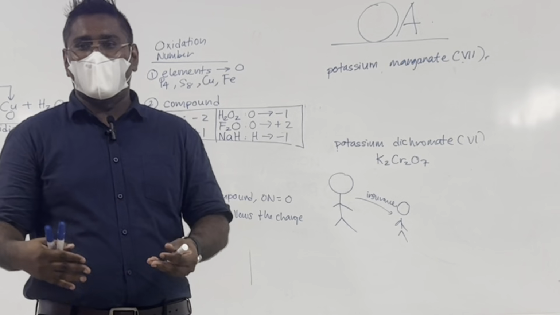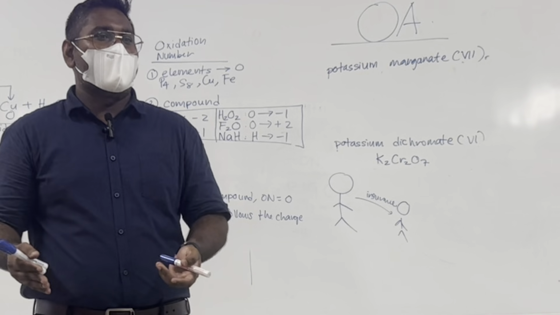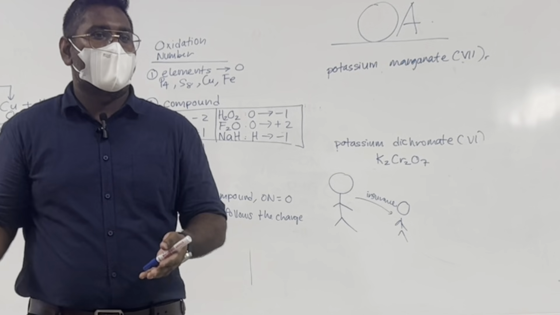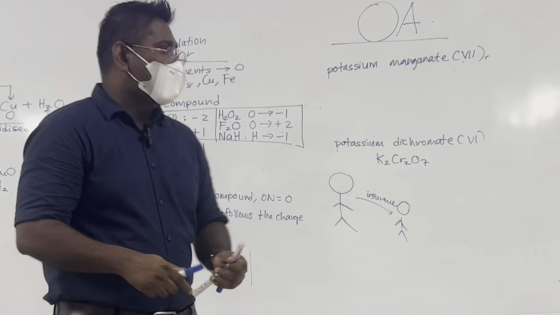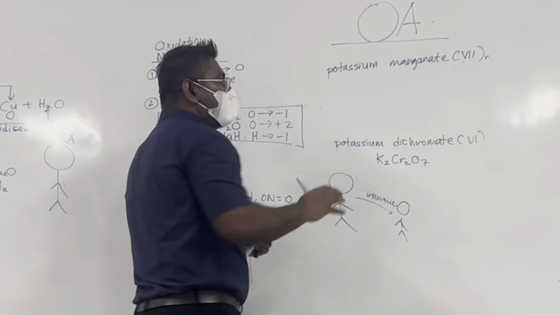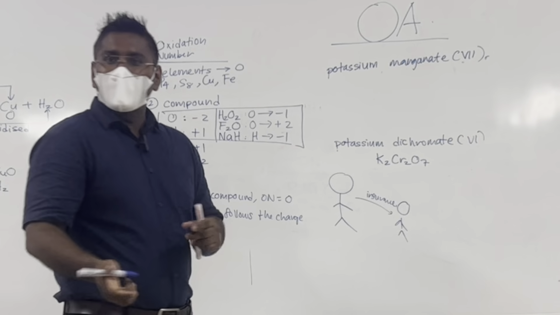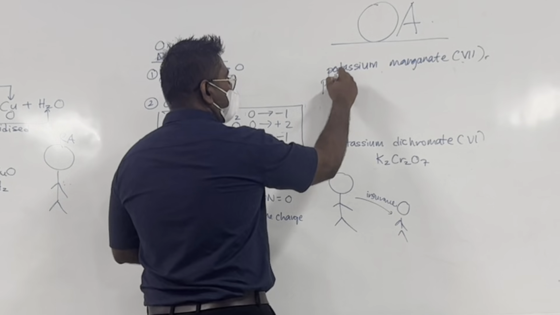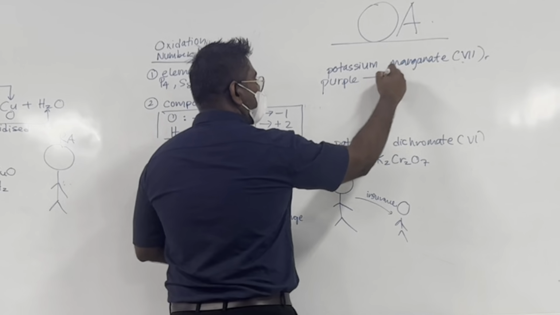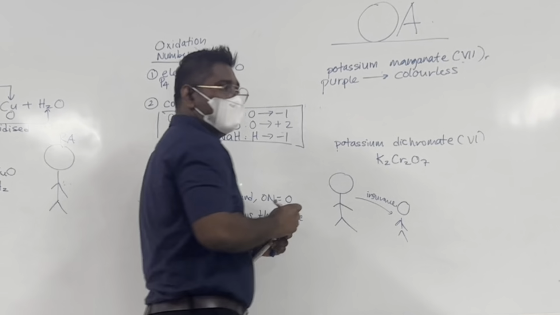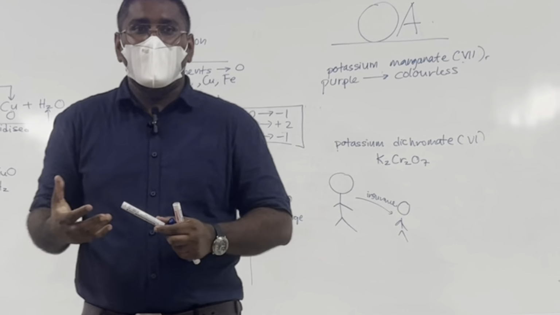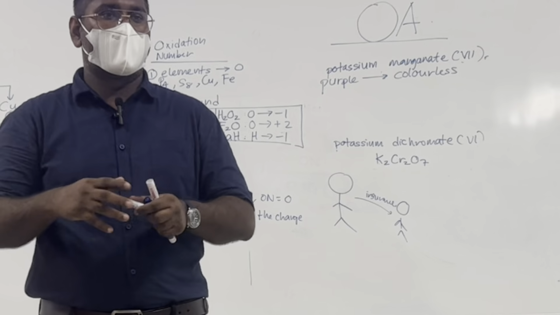On the other hand, they will have a different color. There is a color change. What is the color change? Potassium manganate, when successful, the color change will be purple to colorless. If there is no change, it remains purple, which means they are not oxidizing others.